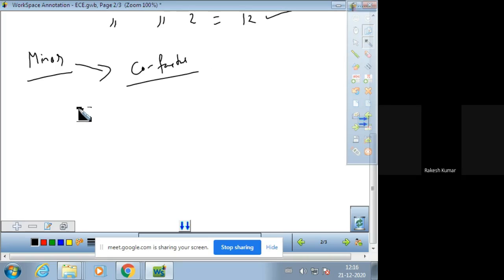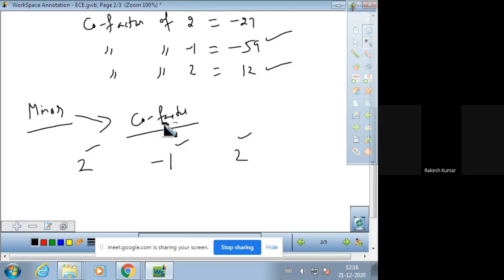So in this particular question, we were able to find the cofactors of 2, -1 and 2, and these are also the minors of the first row. The values come out to be -27, -59 and 12.